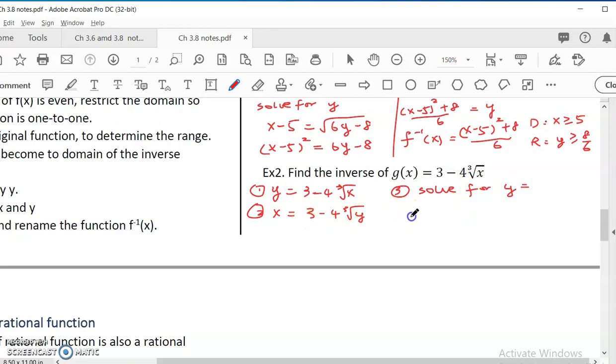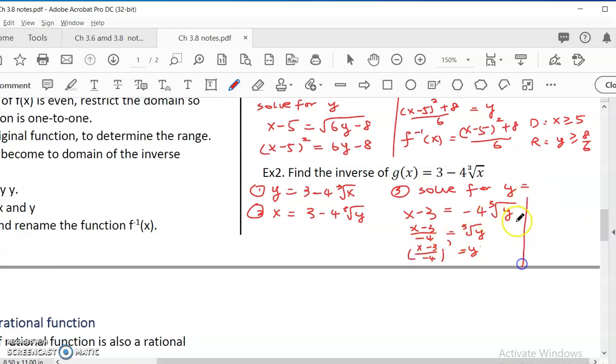How do I solve for y? I subtract 3 first. X minus 3 equal to negative 4 cube root of y. So don't forget the negative. And then I divide by negative 4. X minus 3 divided by negative 4 equal to cube root of y. Now I can get rid of the cube root by cubing both sides. Y is x minus 3 over negative 4, cubed.